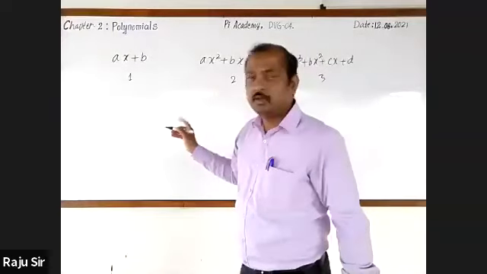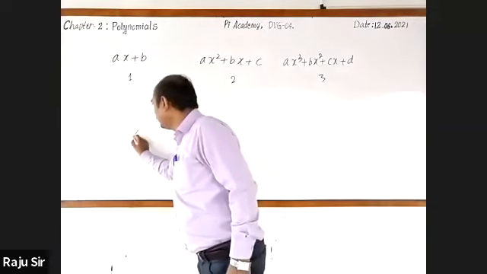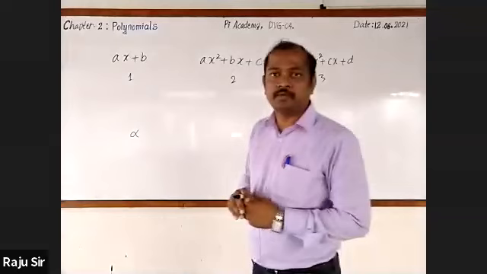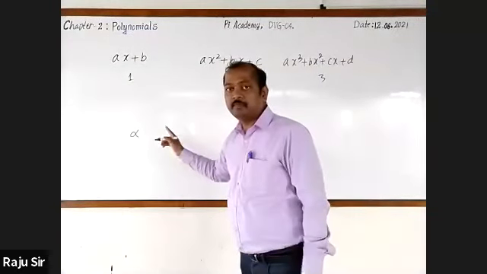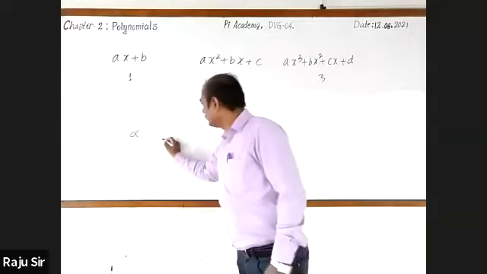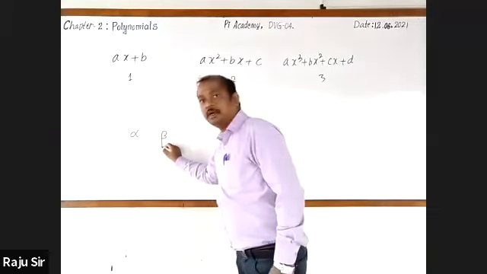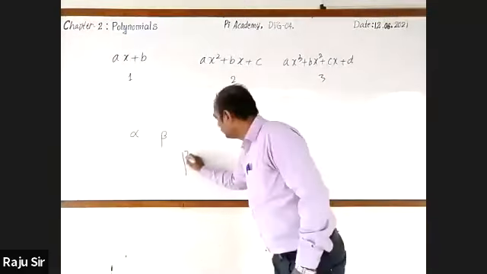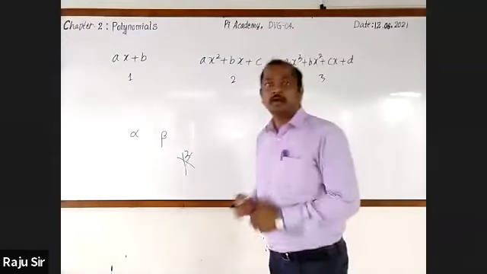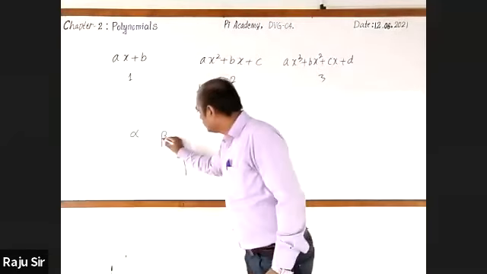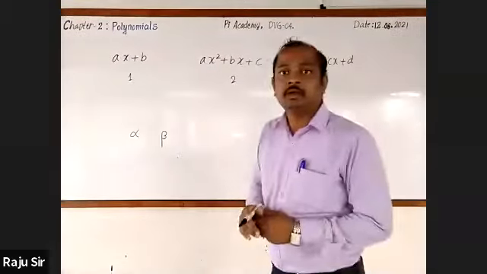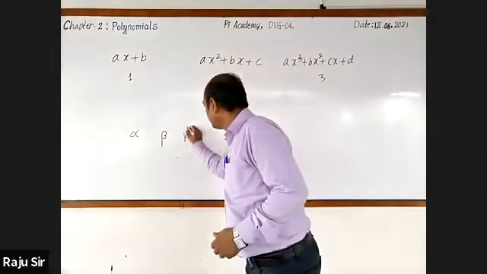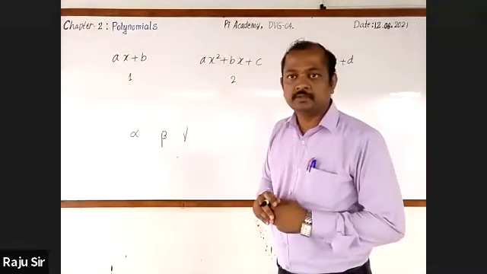Observe. Alpha will be written like this. Next, observe the way I'm writing the beta. This is beta. Some will write it like this, which is the wrong way of writing. Beta should be started from down here. Next, gamma should be like this.